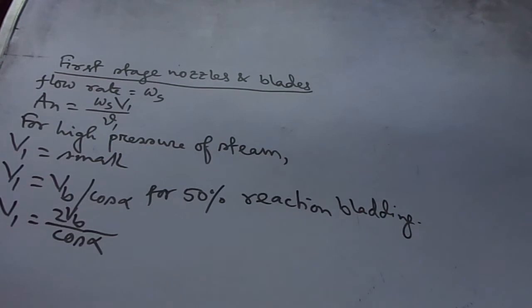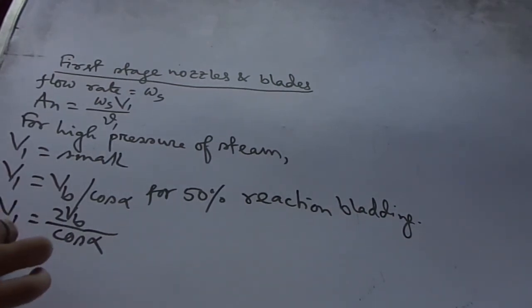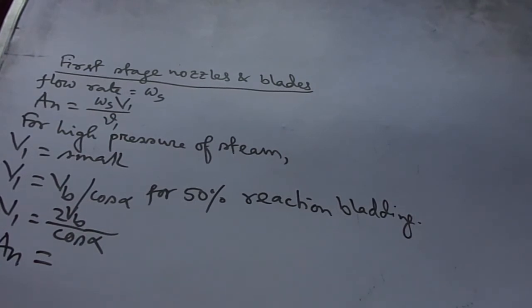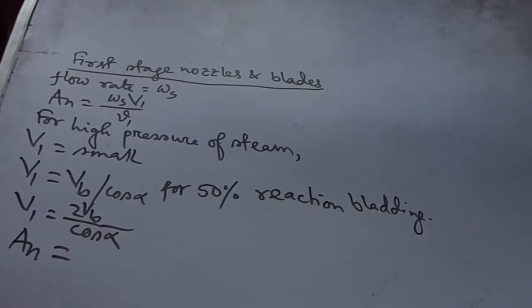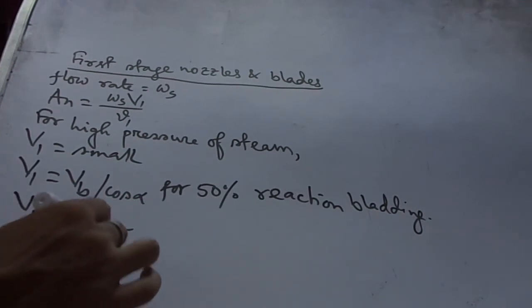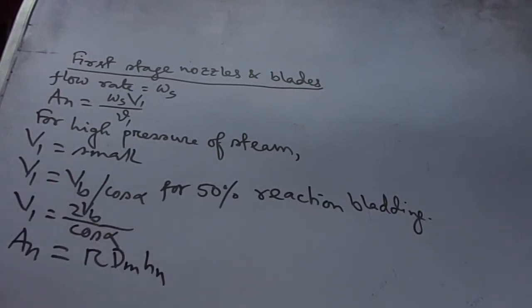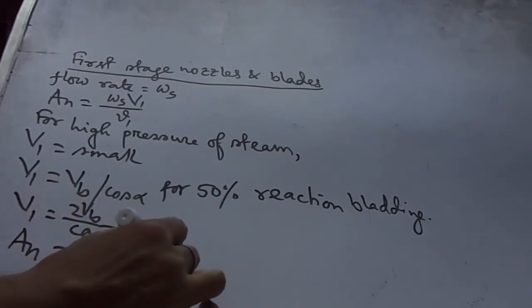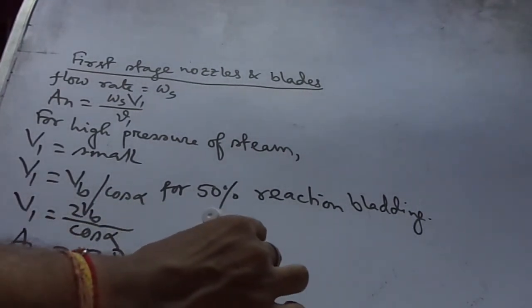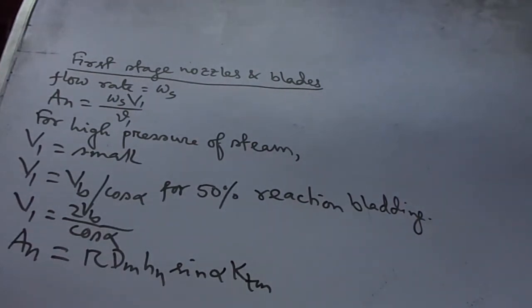For impulse blading, if the blades are assumed to operate at the maximum efficiency, thus at the initial stage of the turbine, the flow area An is equal to pi dm Hn sin alpha KTM.